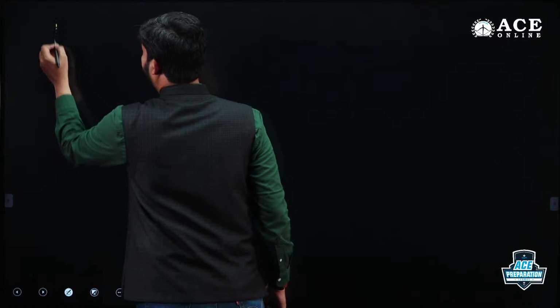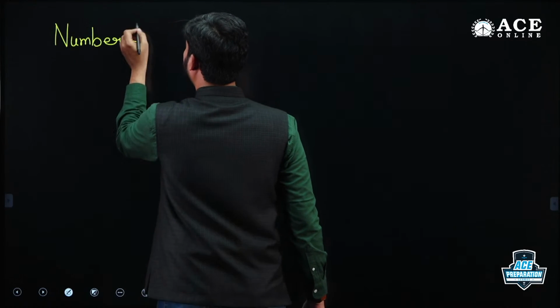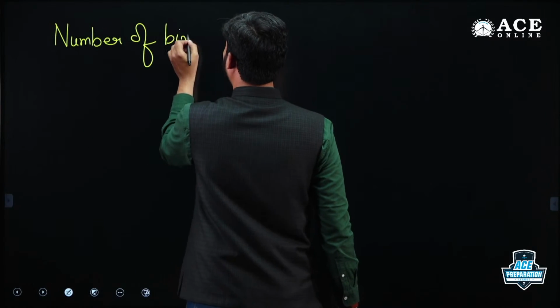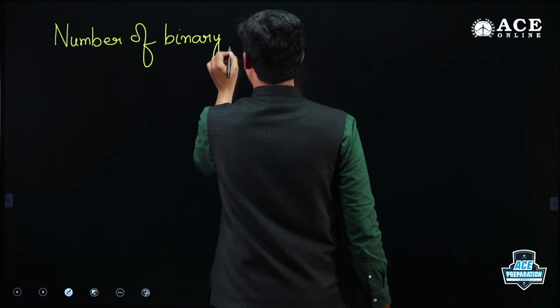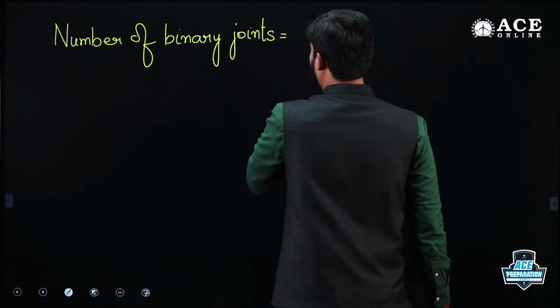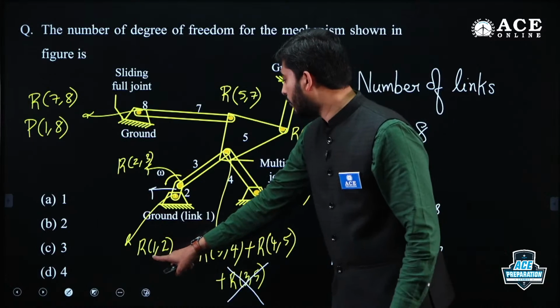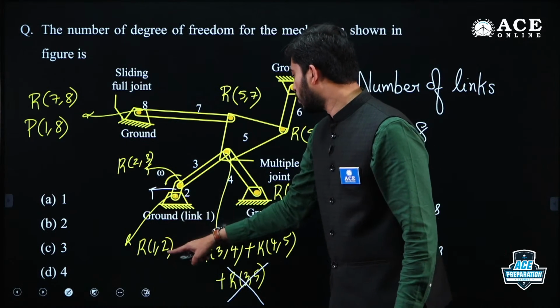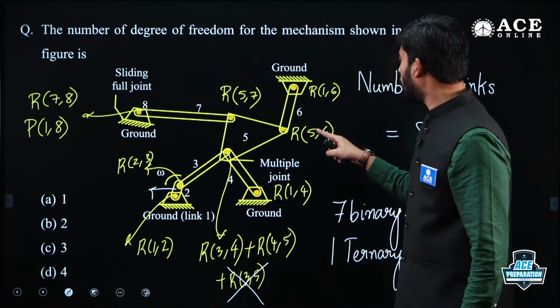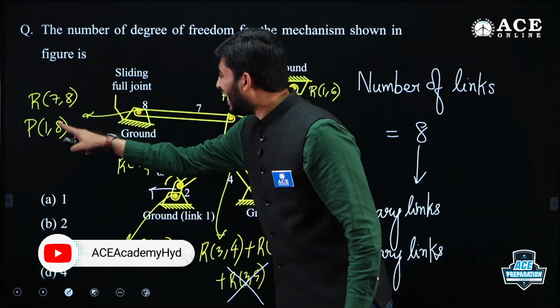So the number of binary joints will be equal to, here it would be, that is R12, 2, 3, this is 1, 2, 3, 4, 5, 6, 7 and 8.